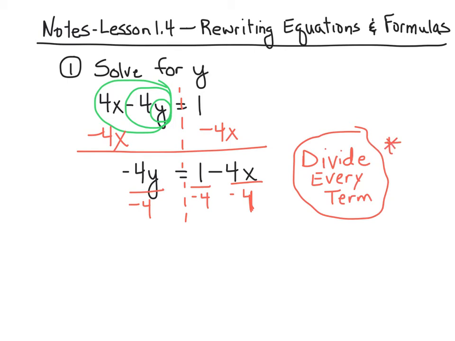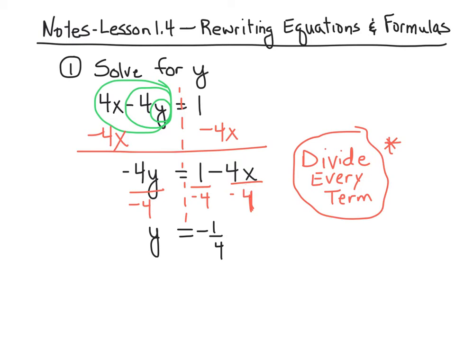And let's see what we'd have. Here the negative 4s would cancel out, and you would get Y equals, and on the other side, 1 divided by negative 4, that's just negative 1/4. And then here, your negative 4s would cancel, and a negative divided by a negative is a positive.